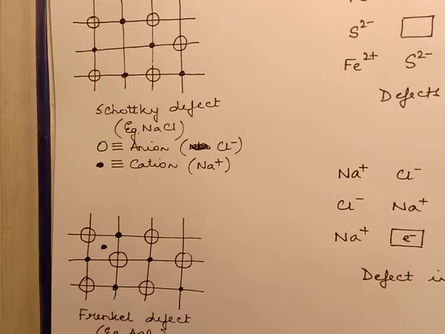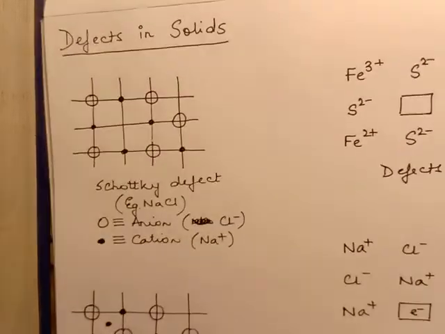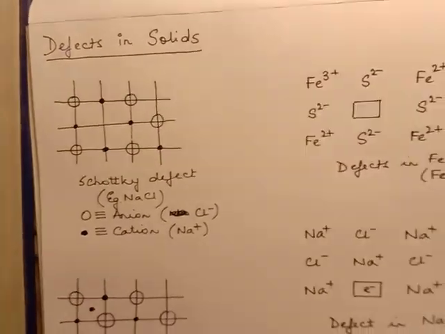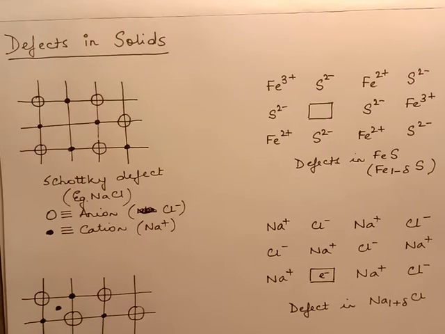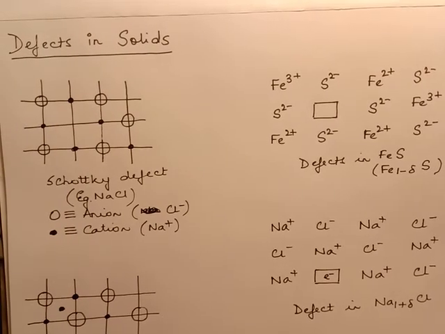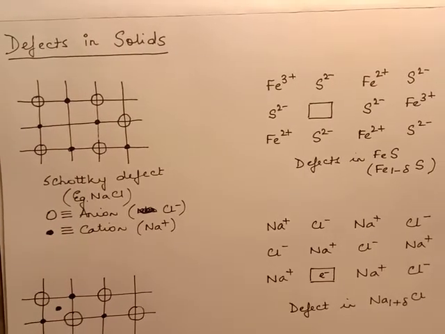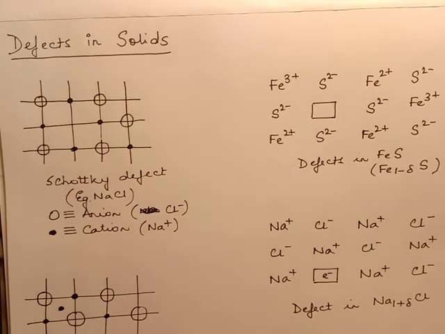Now, in case of non-stoichiometric compounds, there are two major kinds of defects. Firstly, the kind of defect which is observed in compounds which have more than one stable oxidation state. For example, FeS, FeO. It has been represented in the figure. See, FeS has been written as Fe(1-δ)S.